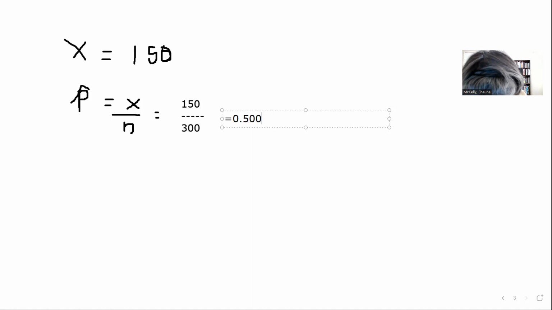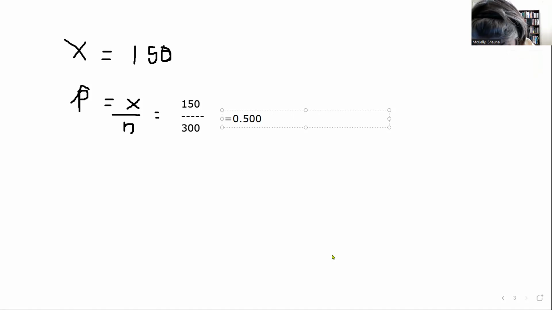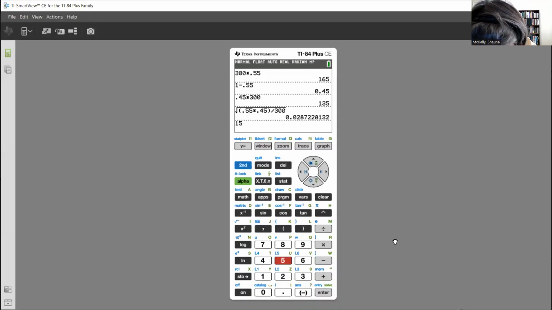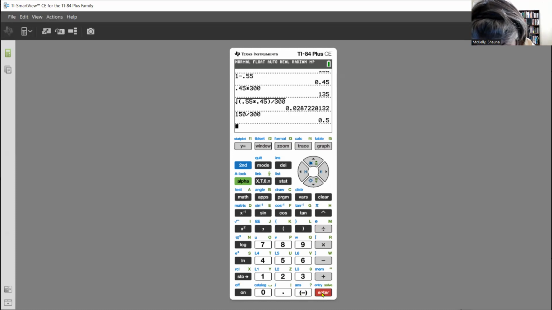But let me show you that calculation. This is 150. My apologies, I switched my screen share. So here we have 150 over 300, 0.5, right?